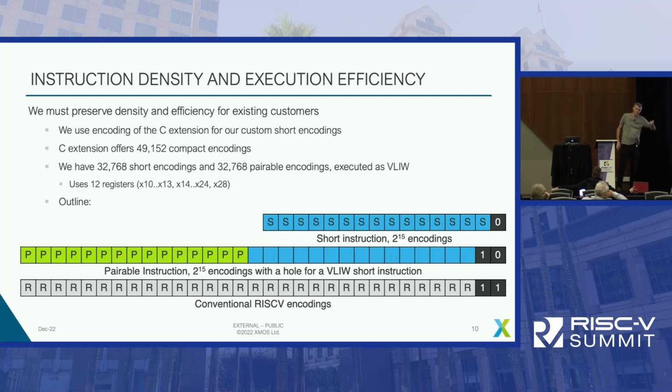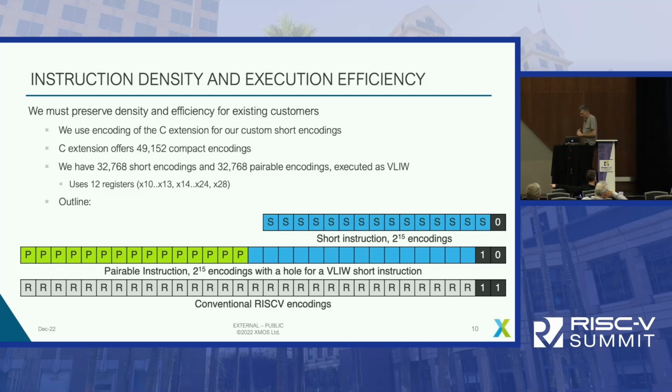The blue instructions are mostly memory operations and standard arithmetic operations, so they shorten normal code accesses, stack accesses, all these things. And then the green ones are mostly encodings that address the special part of the XMOS architecture.